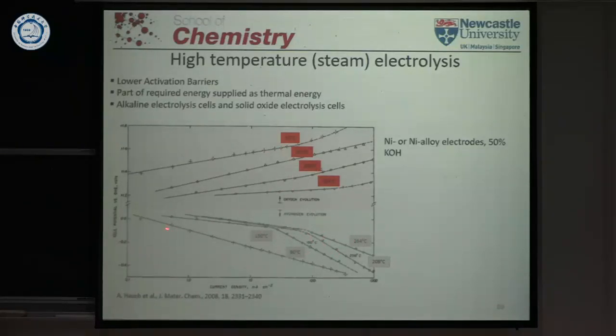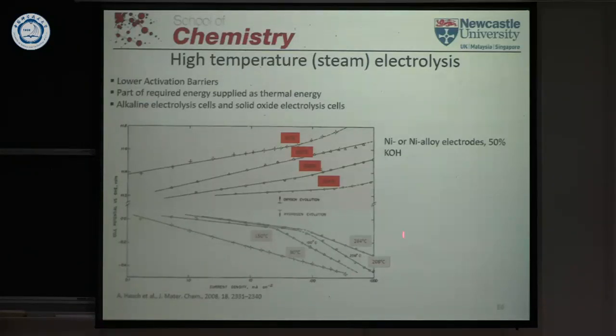So overall, when you go for a certain voltage, let's say here and here, the effect of temperature is quite remarkable in terms of the current density. So it is in fact desirable to be able to go to higher temperature, because then part of the driving force for the reaction is supplied by the heat.